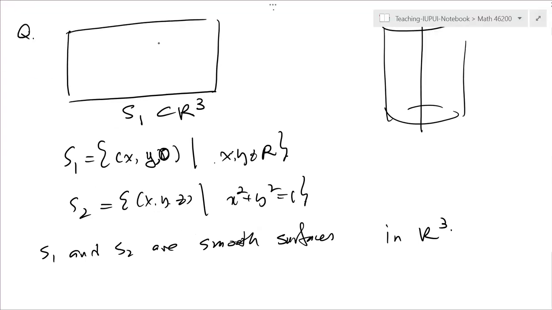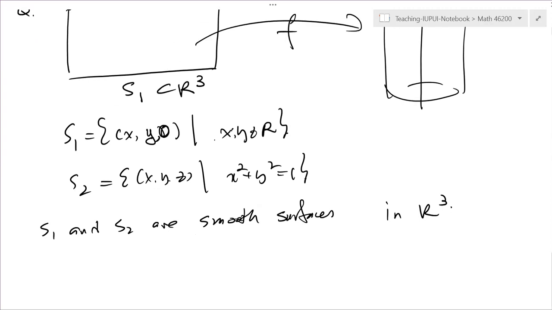I'm going to construct the map F. Then I want to check whether this is a smooth map. So how can I do that? I just fold it, right?